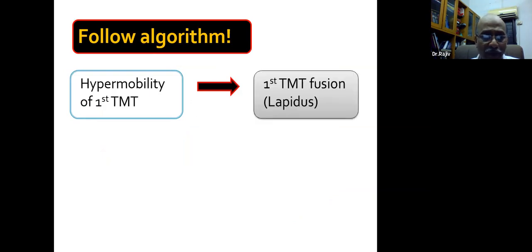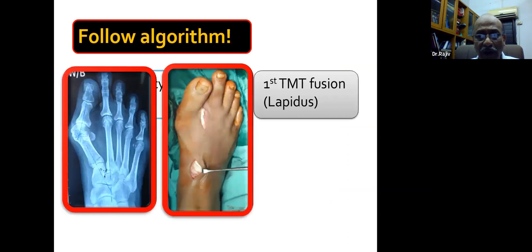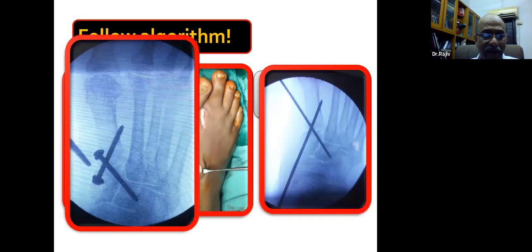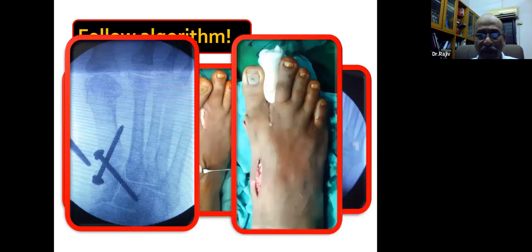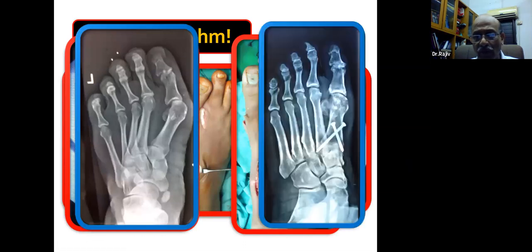So for a hypermobile first ray, you have to do a tarsometatarsal fusion, like I have done in this case with 2 cross screws, and the deformity gets corrected like this. Again, a case of hypermobile first tarsometatarsal joint, you do what is called Lapidus fusion, or first tarsometatarsal joint fusion with cross screw and plate.